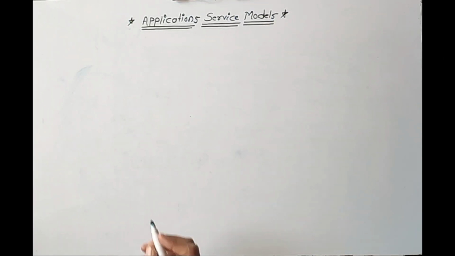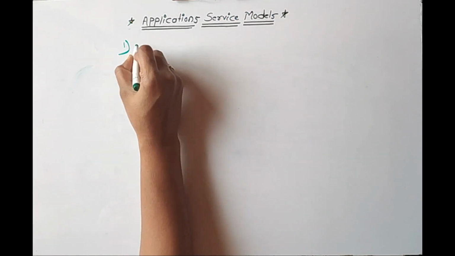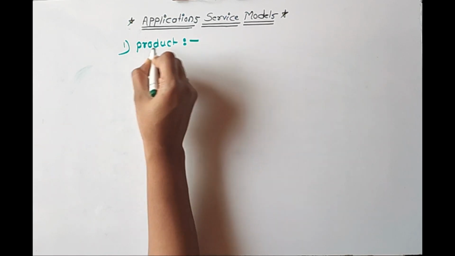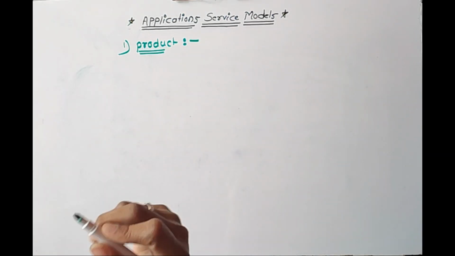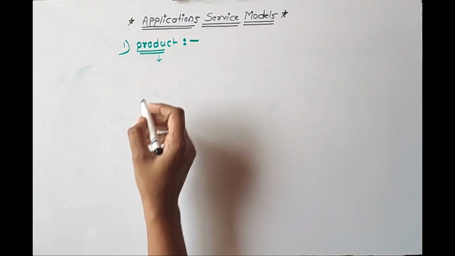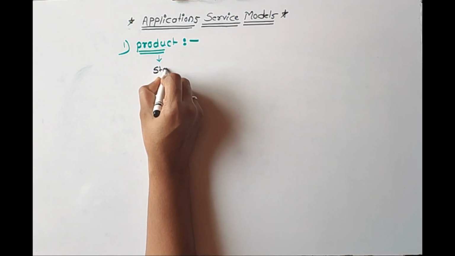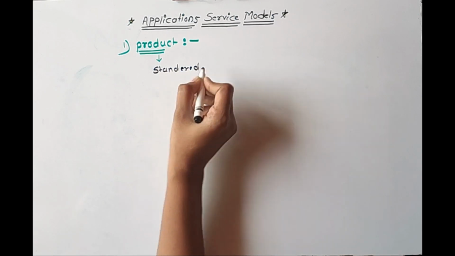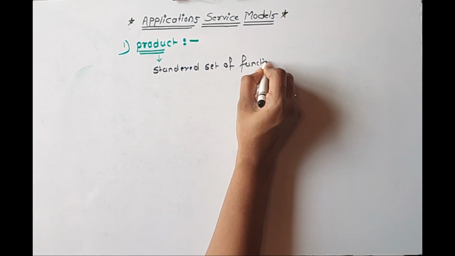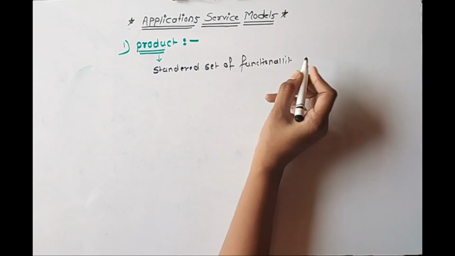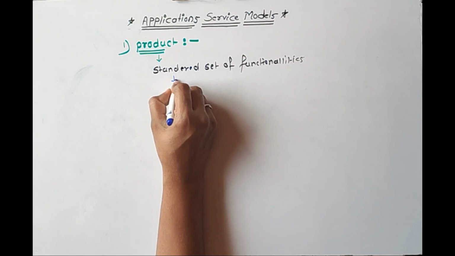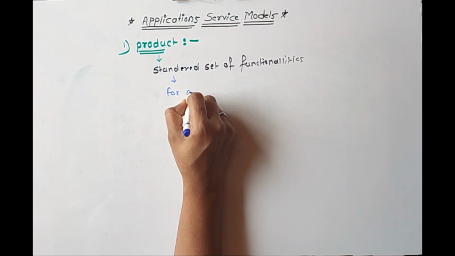So, the first service model is product. An application is called a product when it offers some standard set of functionalities for different customers.